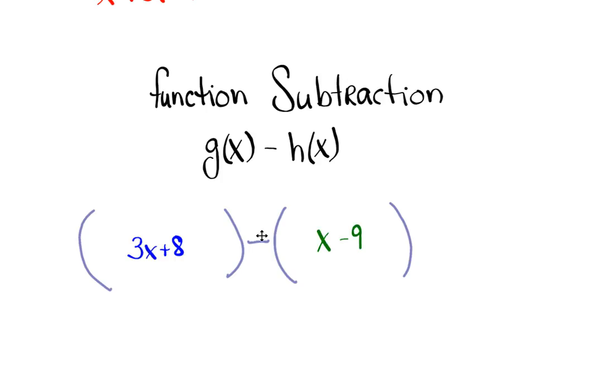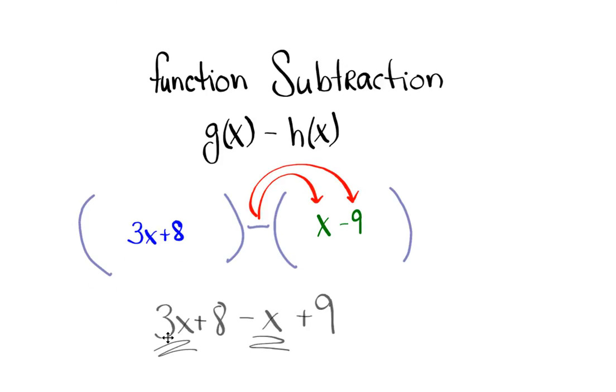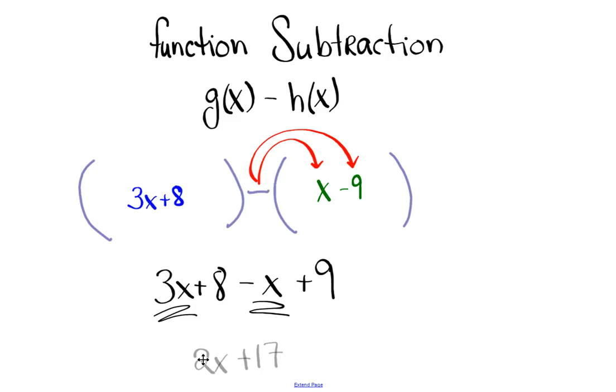And when I rewrite it to remove the parentheses, I have to remember to distribute the negative sign, and I get 3x plus 8 minus x plus 9. I have a set of like terms, 3x and x gives me 2x, and then 8 plus 9 gives me 17. And here's my answer right there.